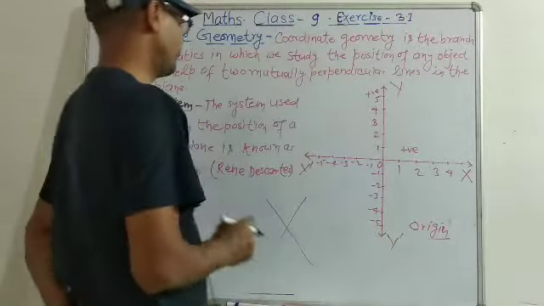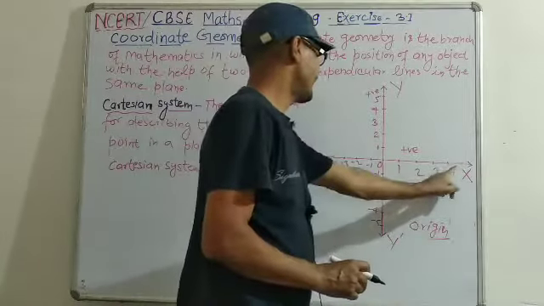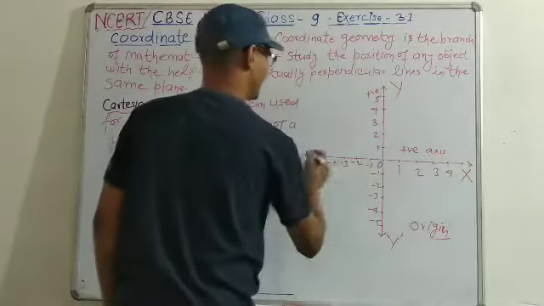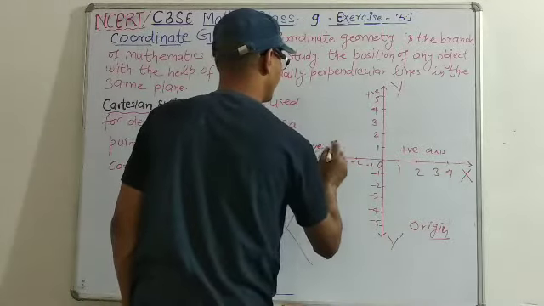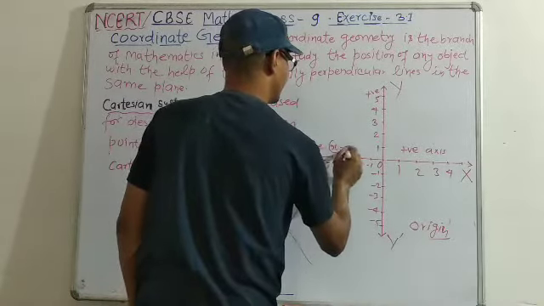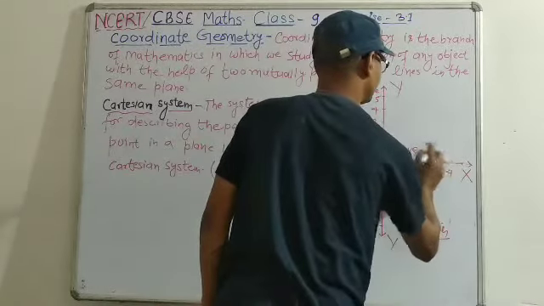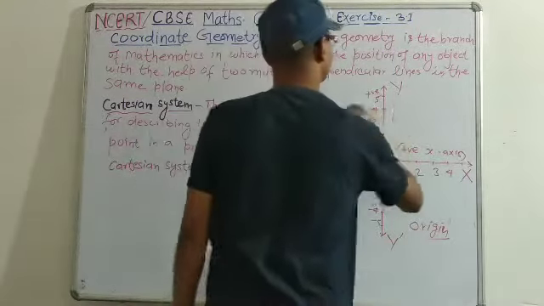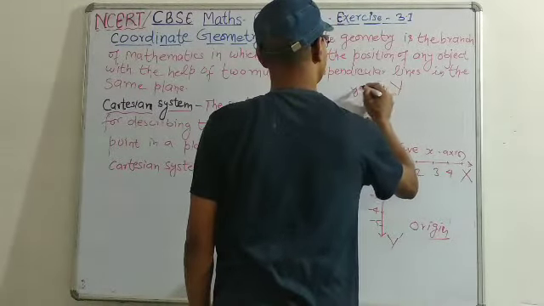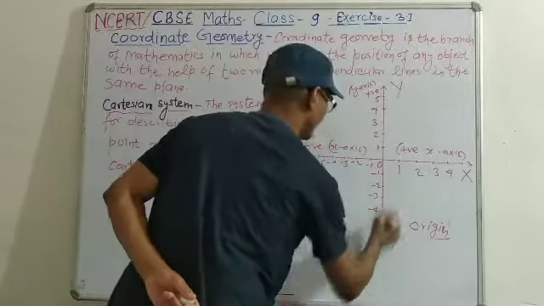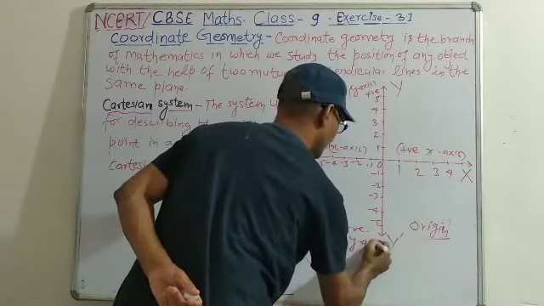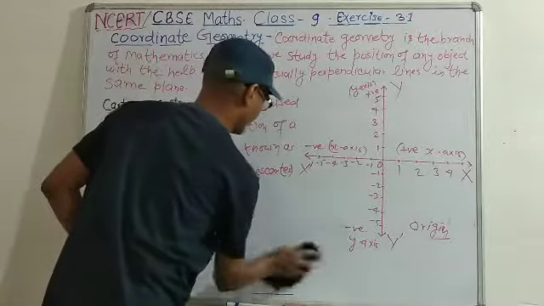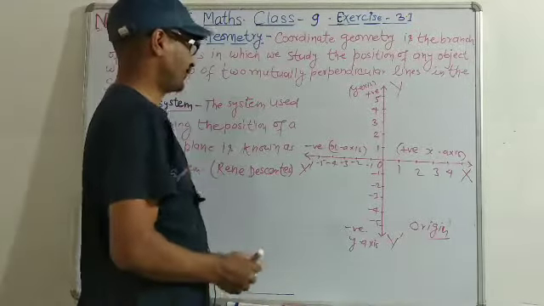So the main thing to remember is that the middle is called the origin. On this side is the positive x-axis and here the negative x-axis; likewise the positive y-axis and the negative y-axis. These are some technical terms belonging to coordinate geometry. You have to learn them. Then note down this figure.